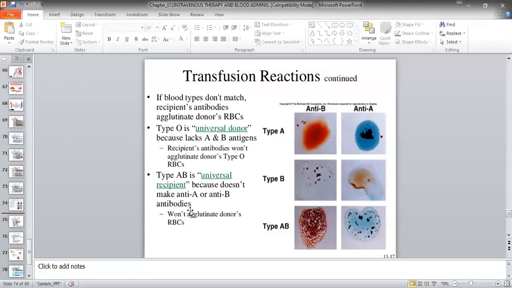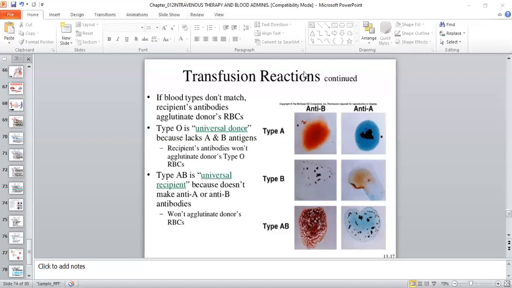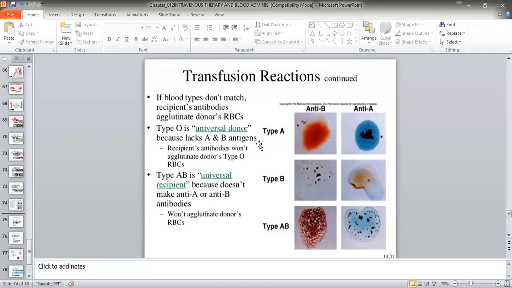Also, it is important that you know the most common infection spread through blood transfusion. It is hepatitis B. In order to determine donor compatibility, what must be done is blood typing and cross matching, right?